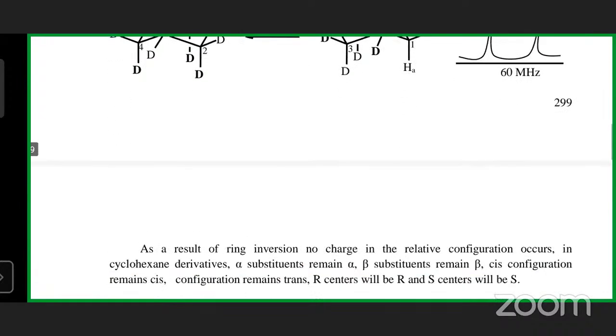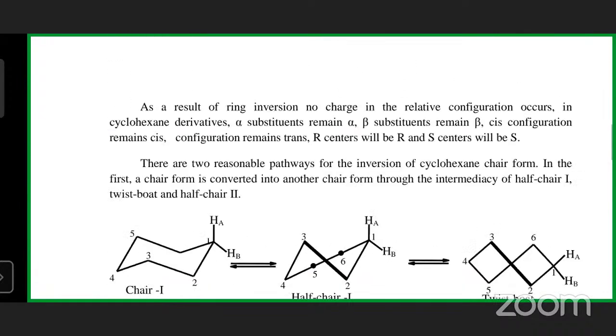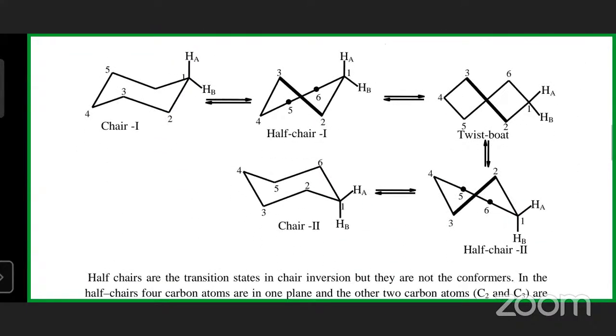And then the chain conformation: the boat conformation can generate the twist boat by twisting, flipping the bonds, and in the twist boat the flagpole hydrogens orient in opposite directions, so it minimizes some steric repulsions.